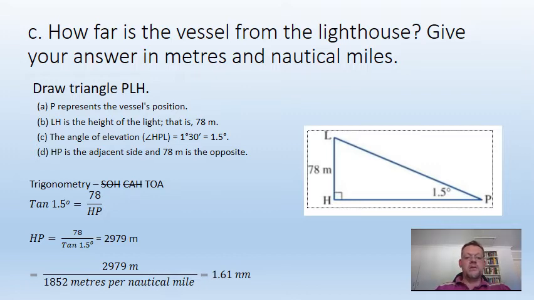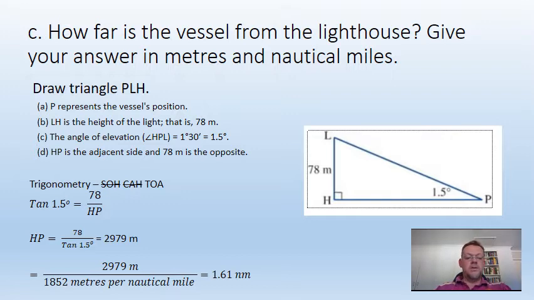The angle of elevation, which is the angle HPL, is 1 degree and 30 minutes, and that's the same as saying 1.5 degrees. HP is the adjacent side, and 78 meters is the opposite. So we're going to use SOHCAHTOA here, and of course that's trigonometry.